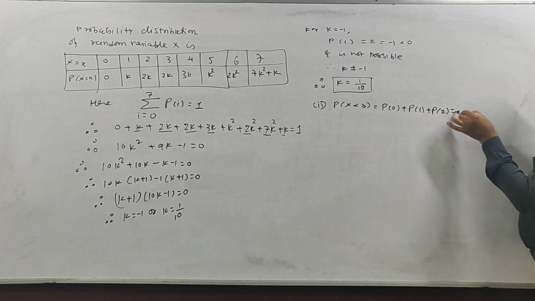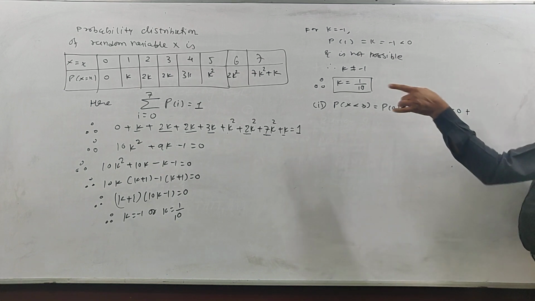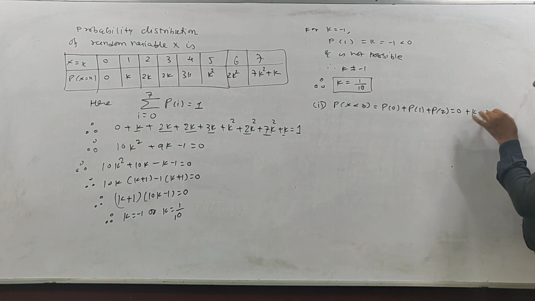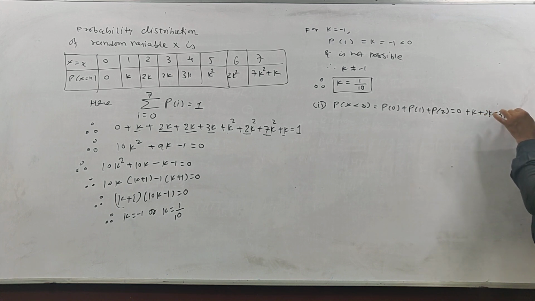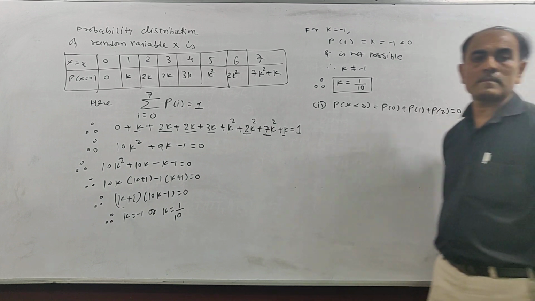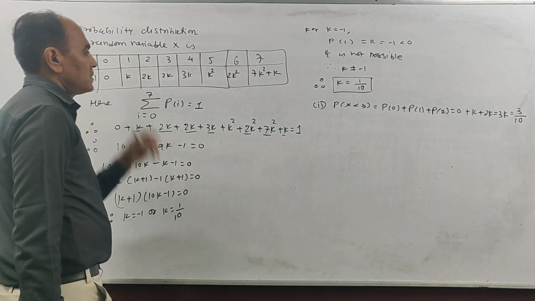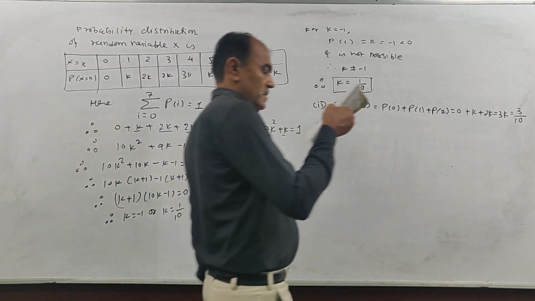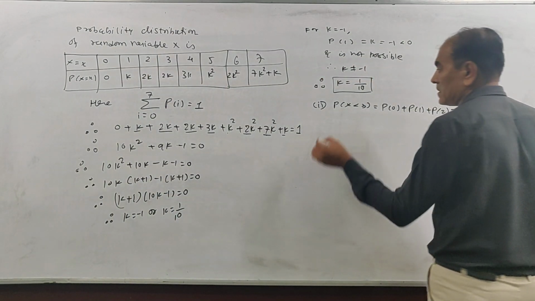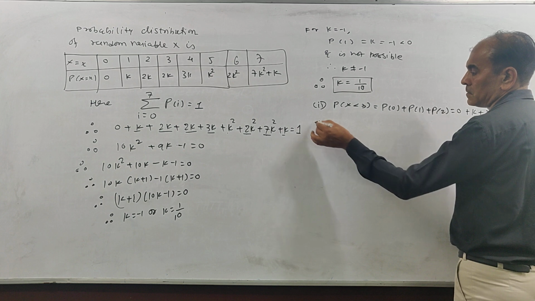What is P of 0? 0. P of 1 is K, P of 2 is 2K, that is equal to 3K, that is 3 by 10. Yes or no?